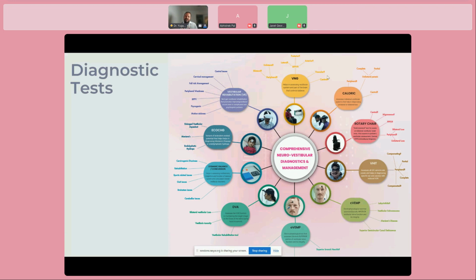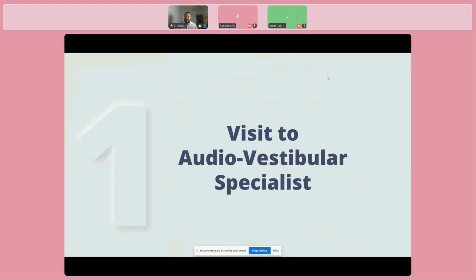And if we can introduce this particular referral system, it becomes easier not only for the physicians, but also for the patients. So let's look at the first client once again and see what happens if the same patient comes to an audio-vestibular specialist. Here I mean not a physician, not a regular audiologist.